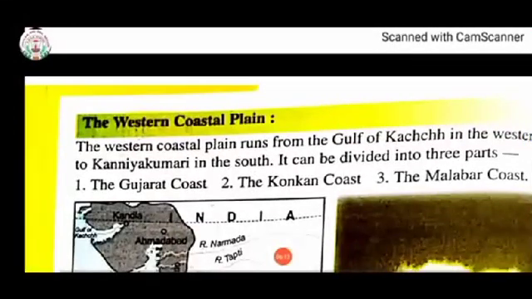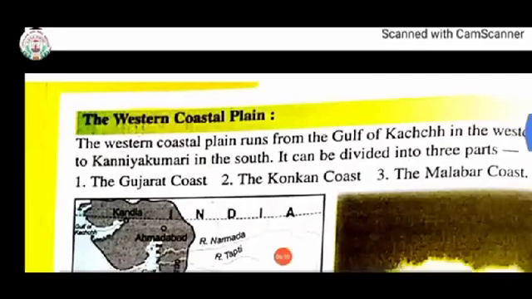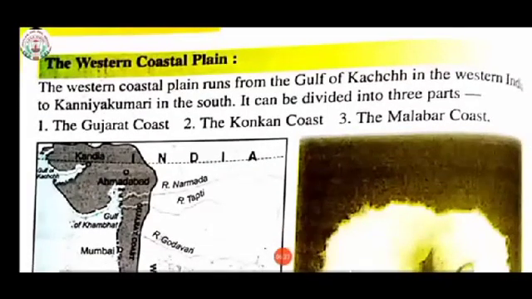Okay, now the western coastal plain. The western coastal plain runs from the Gulf of Kutch in western India to Kanyakumari in the south. It can be divided into three parts: the Gujarat coast, the Konkan coast and the Malabar coast.